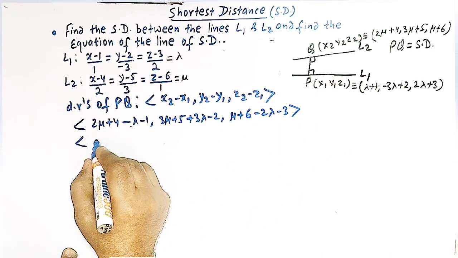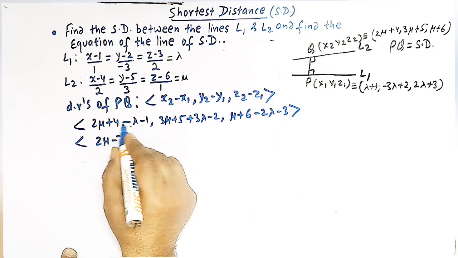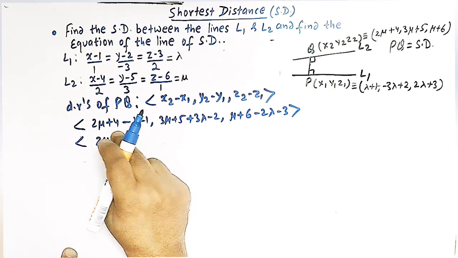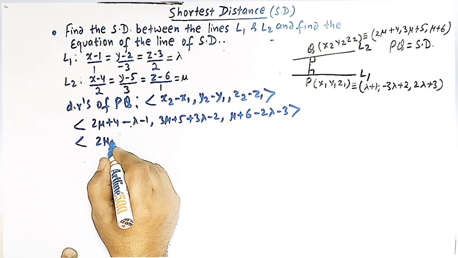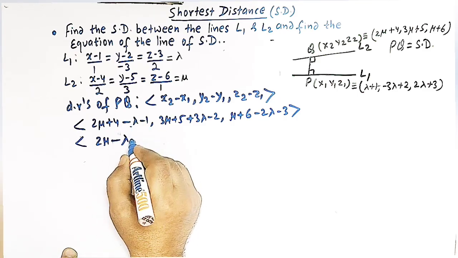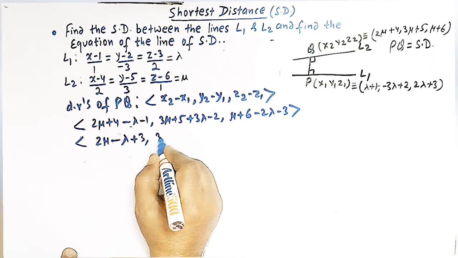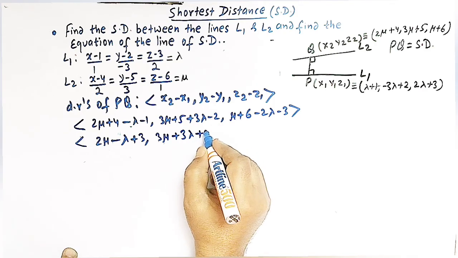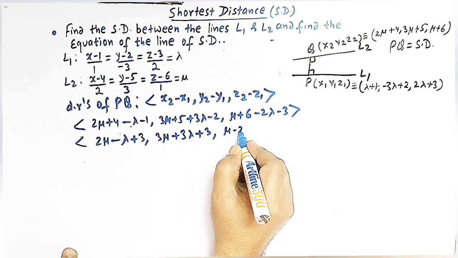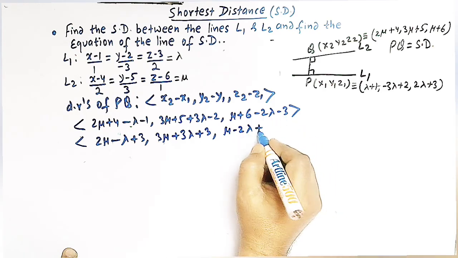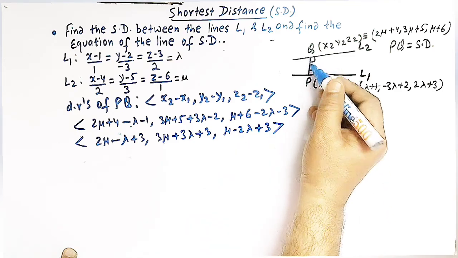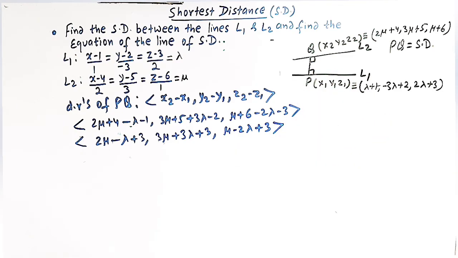So we have now 2 mu minus lambda, here we have 4 minus 1 is 3, then 3 mu plus 3 lambda, and 5 minus 2 is 3, and mu minus 2 lambda, and 6 minus 3 is 3. So these three numbers are the direction ratios of the line of shortest distance, that is PQ.